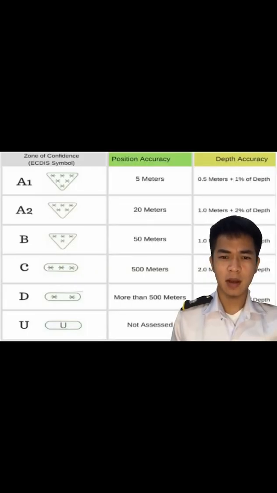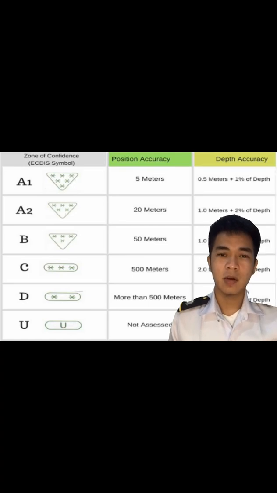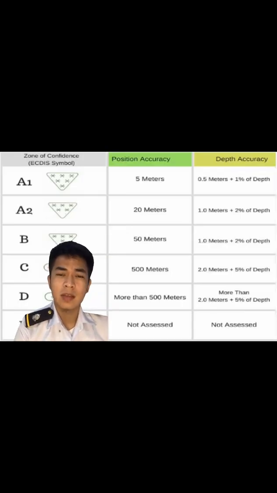Now we're going to tackle the sixth category, zone of confidence, or the CATZOC. CATZOC contains information that gives us knowledge of safe navigable areas in a certain geographical area. The zone of confidence has 6 ECDIS symbols: A1, A2, B, C, D, and U. A1 contains 6 stars, which means it has a higher quality of data.